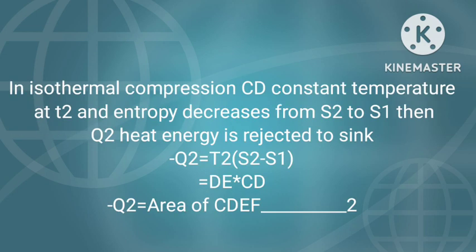In isothermal compression CD curve, the temperature is constant at T2 and entropy decreases from S2 to S1. Then Q2 heat energy is rejected, minus Q2 equal to T2 into S2 minus S1 equal to DE into CD, minus Q2 equal to area of CDEF.